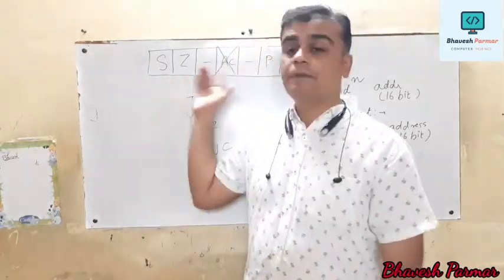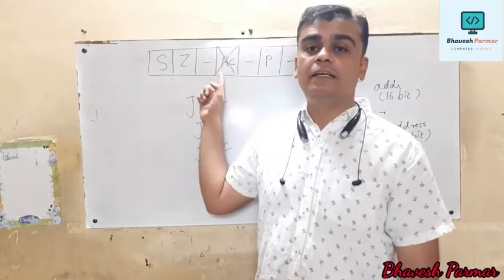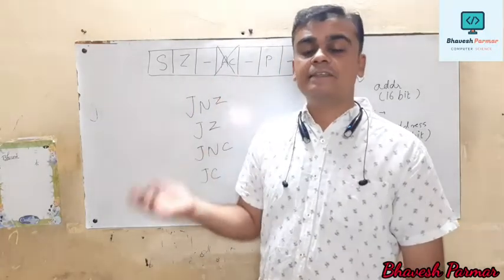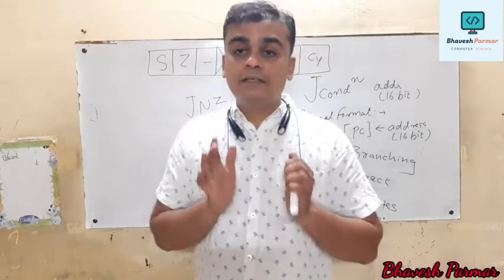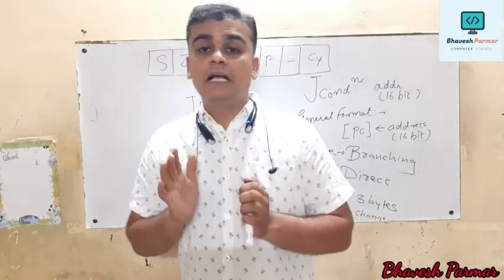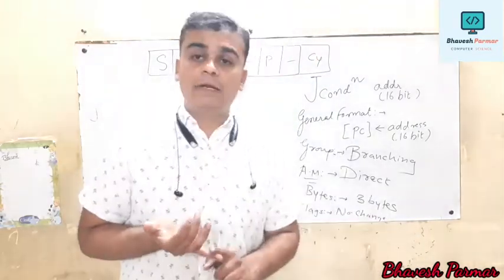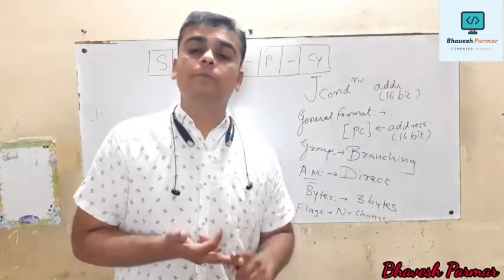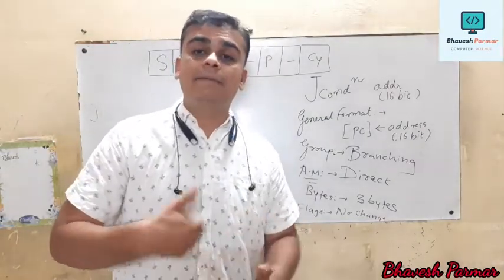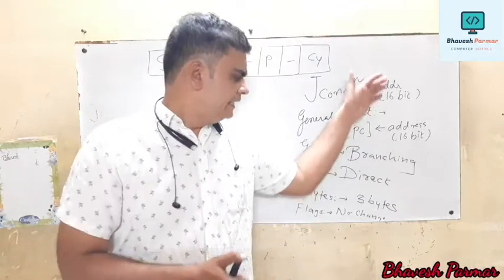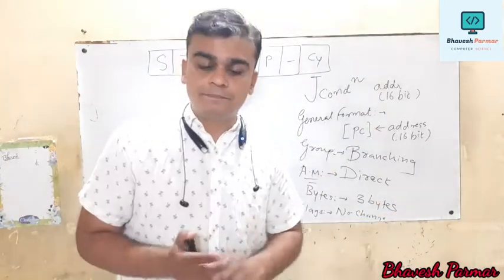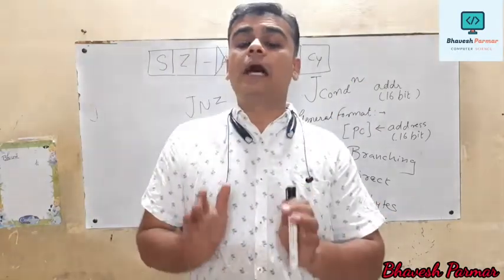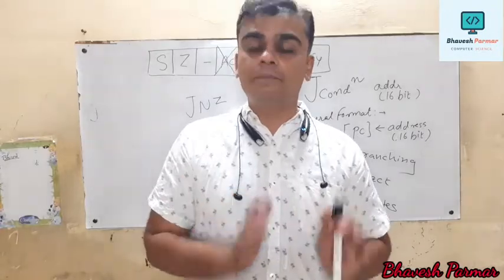We just have to represent our flag register, and we know how the AC flag is excluded while writing conditional jump instructions. And what about the general format, addressing mode, group, bytes, and its impact on the flag register? It is almost the same. Is that clear? So this is all regarding the jump instruction.